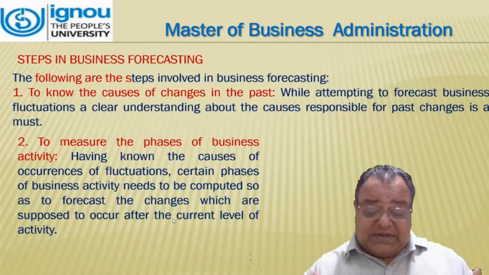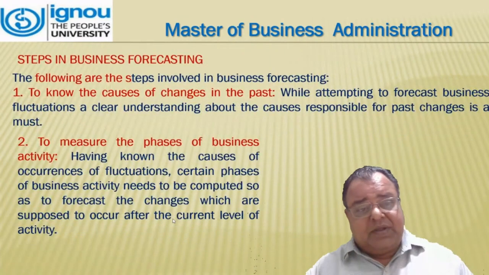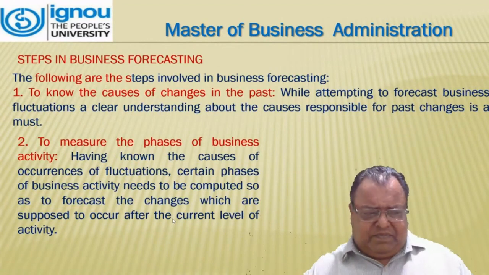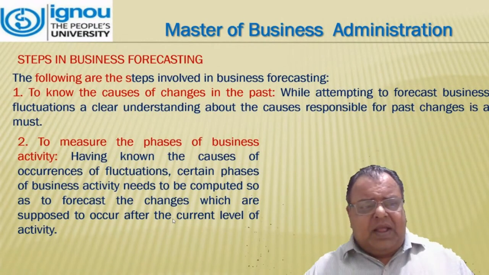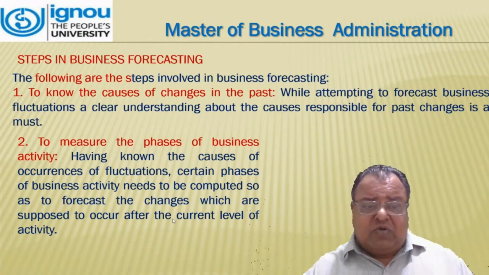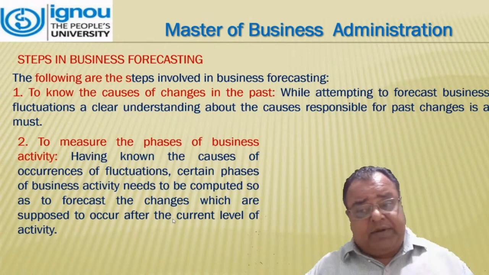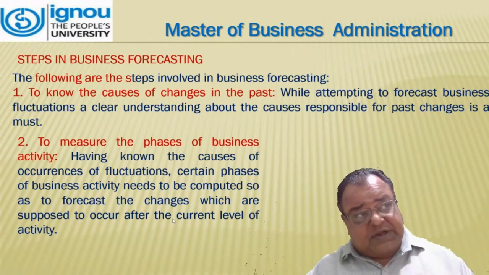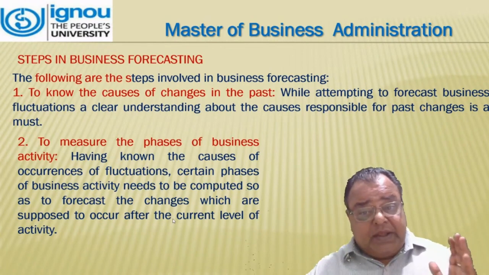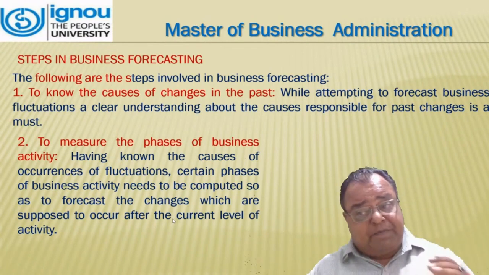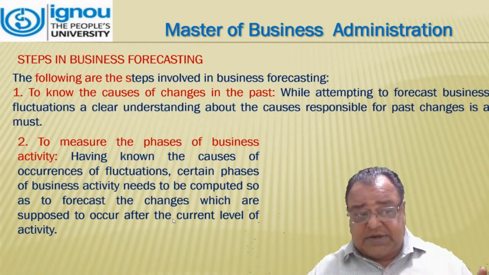What are the steps in business forecasting? There are various steps, but we will be discussing some of them. To start with, to know the causes of changes in the past. While attempting to forecast business fluctuations, a clear understanding about the causes responsible for past changes is a must.